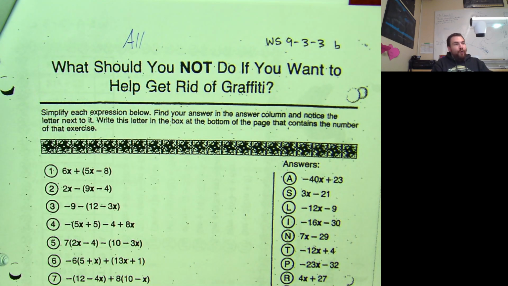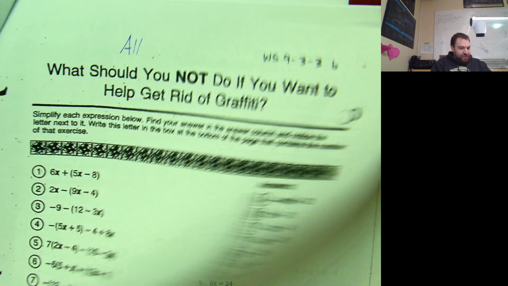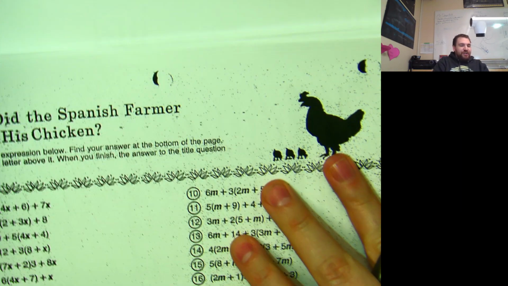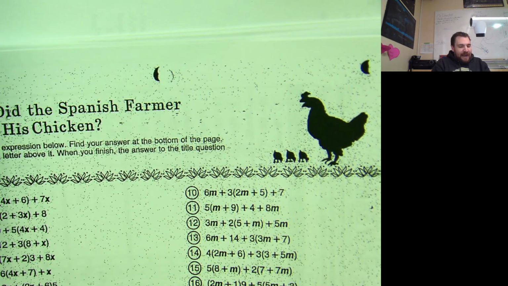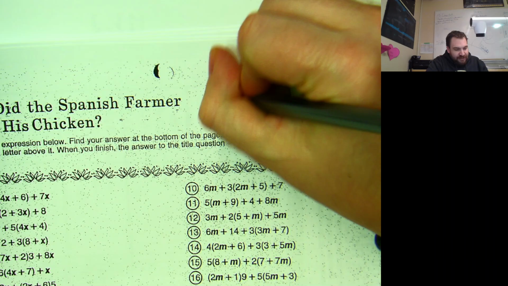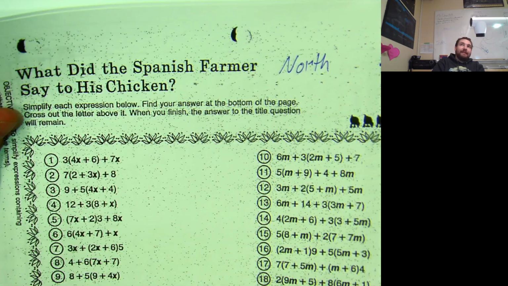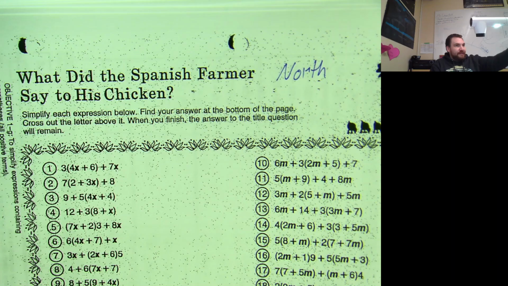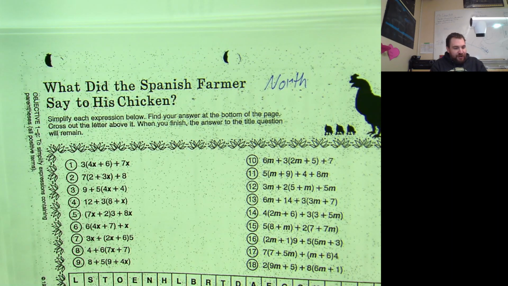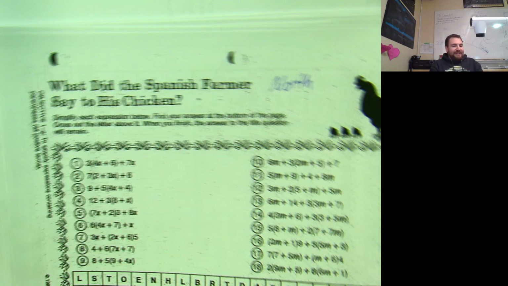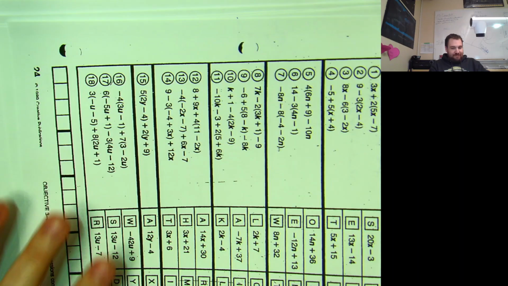Northsiders, flip the page. Northsiders, you're going to tell me what the Spanish farmer said to his chickens. That is what you are doing. On your marked set, give her. Read the instructions.